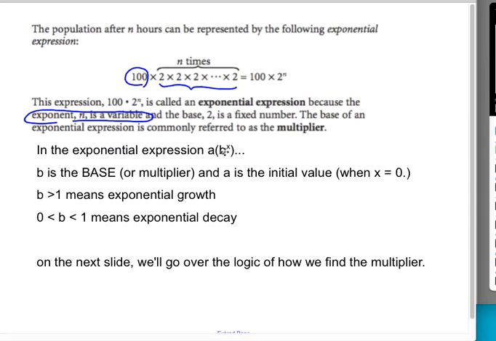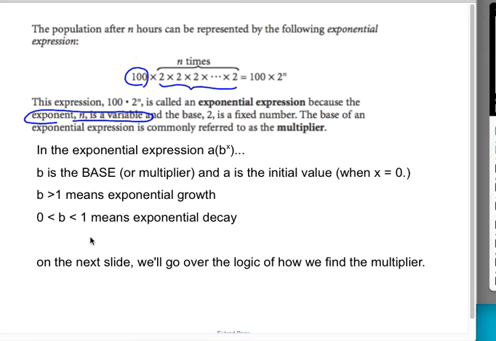So in the expression a times b to the x, b is called the base or multiplier, and a is the initial value when x is 0. If b is greater than 1, we have exponential growth, and we're going to spend a lot of time with that. That's what we just saw, the bacteria population growing.